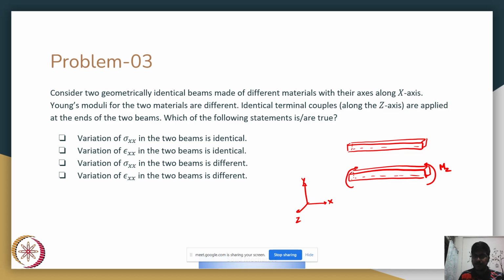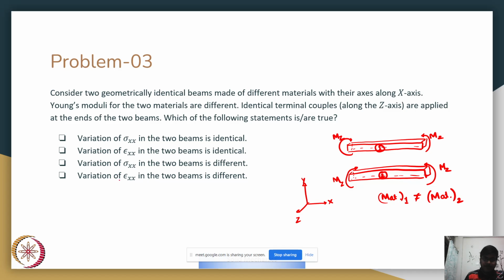So I'm just directly drawing the torque being produced by the couple applied at the ends. I'll name this as 1 for beam 1 and 2 for beam 2. And we know that material of beam 1 is not equal to material of beam 2. And then we are asked either about the sigma xx and epsilon xx.